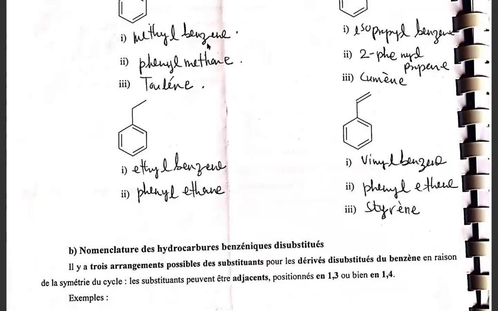Like we said last time, vinyl can be called ethenyl. Ethenyl is ethene. Now, when you remove one hydrogen atom from it, ethene, the one with double liaison.